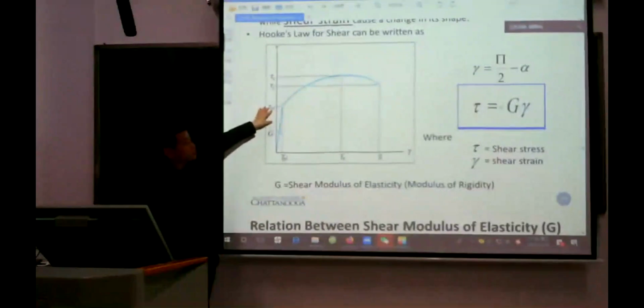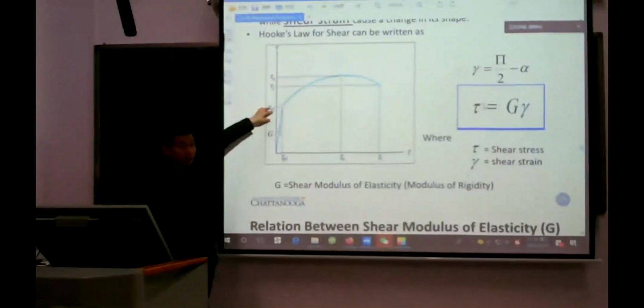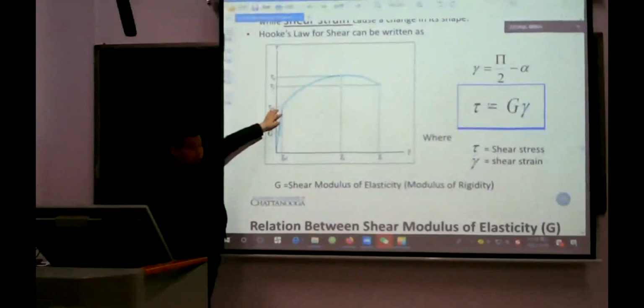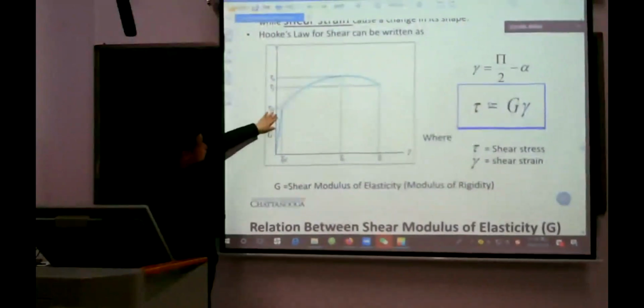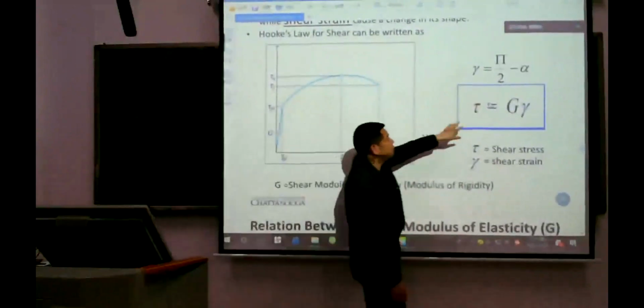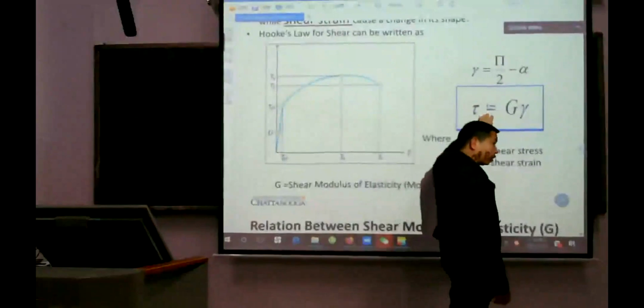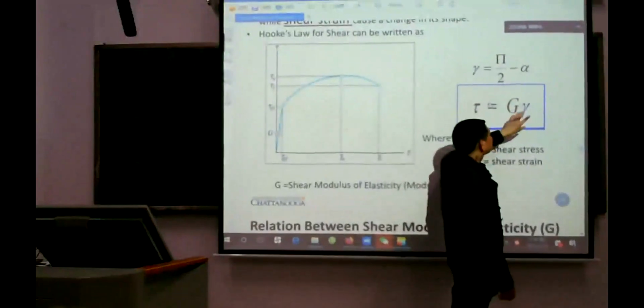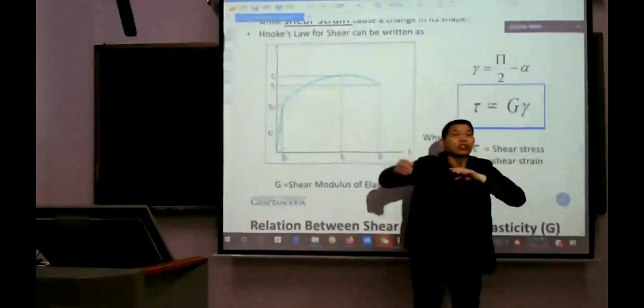When the stress is less than the tau proportional limit, the curve is a straight line in this part. So it means tau is proportional to gamma. Gamma is shear strain.